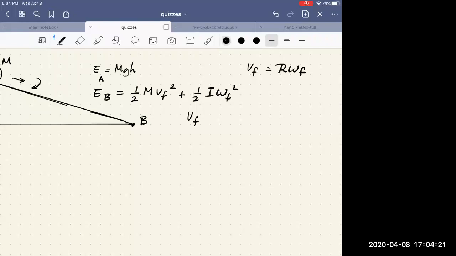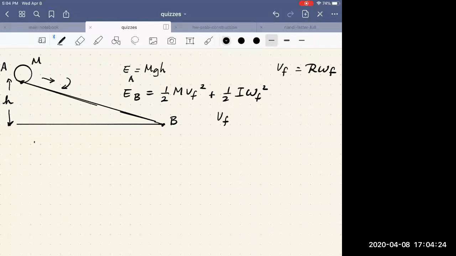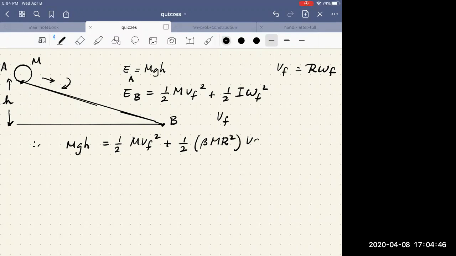So therefore, I can write mgh is equal to 1/2 mass times V final squared plus 1/2 I. But I is always of the form of some beta, beta being some number, times mr squared, and then V final squared over R squared. That is just replacement of this omega final squared here. Beta is some number.